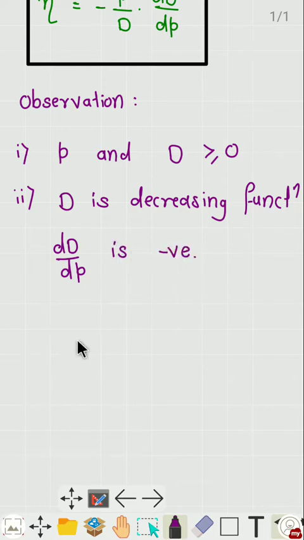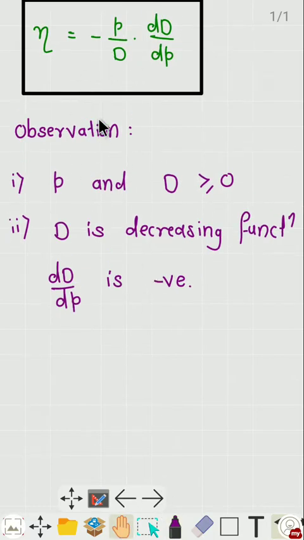Therefore we observe that this quantity is negative and this quantity is negative, so negative into negative is positive.